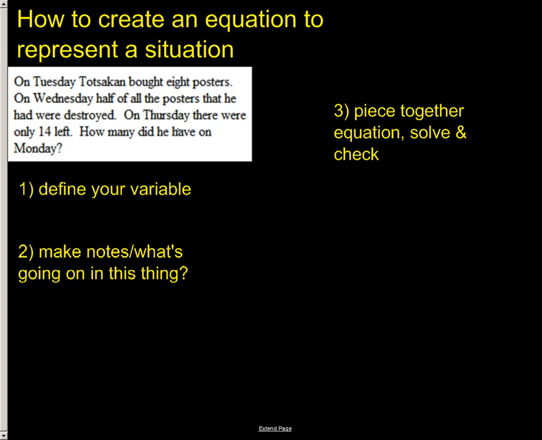All right, how many did he have on Monday? What are we talking about? Posters? All right, so P will equal the number of posters that Tasakin has. Now, if you have trouble pronouncing a name in an equation, let's just call them by the first letter. How many posters does T have? Well, on Tuesday, T bought, let's make a note here.